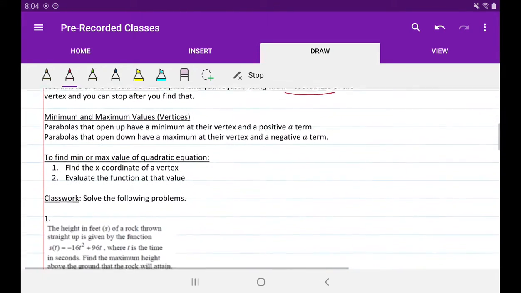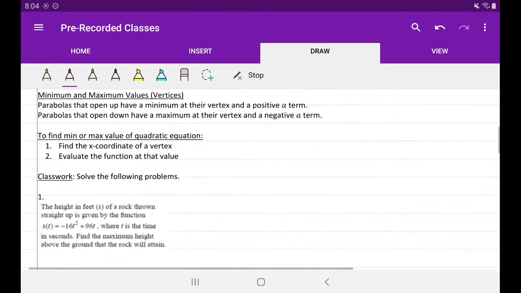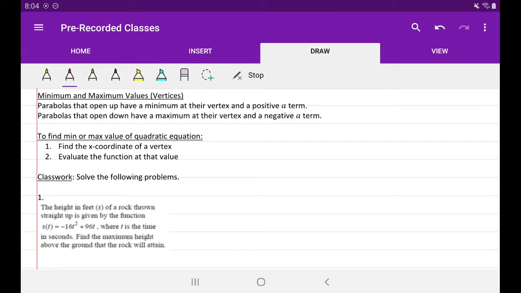So a few quick things about minimum and maximum values. Remember, parabolas that open up look like this, and they have a positive a value, and their vertex is going to be a min. Parabolas that open down have a negative a value, and their vertex is going to be a max.